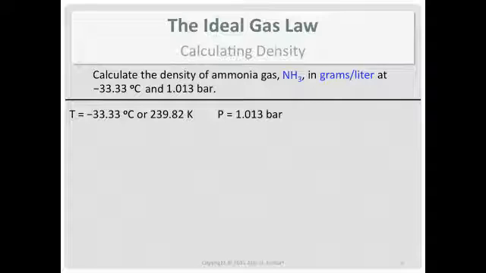The final units in the problem will be grams per liter. Well, since ideal gases do calculations in moles, that's why we have the chemical formula for ammonia. You need the molar mass, because we need to convert between grams and moles.